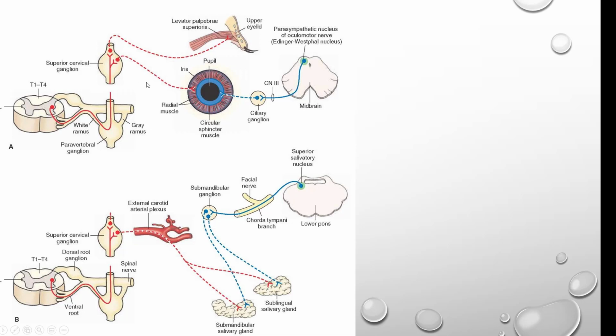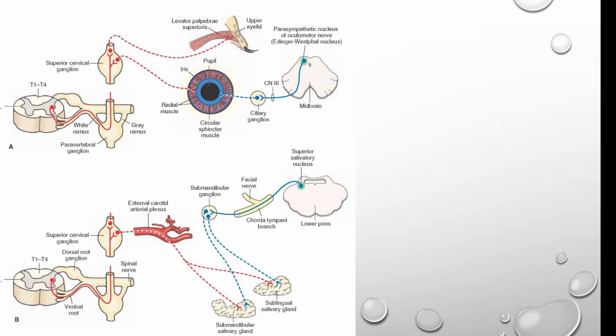In addition, there are signals coming from the Edinger-Westphal nucleus through parasympathetic pathways through the third cranial nerve to the ciliary ganglion in the eye, radiating to the pupillary constrictor muscle, the sphincter muscle, the circular muscle, resulting in pupillary constriction or miosis.